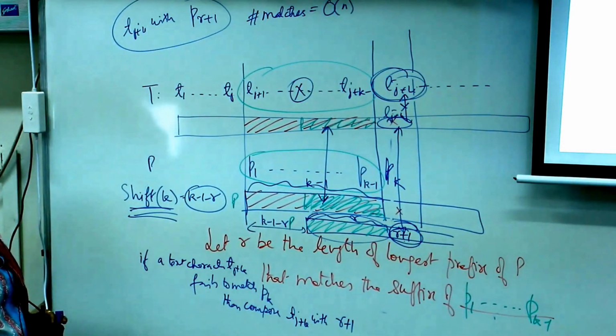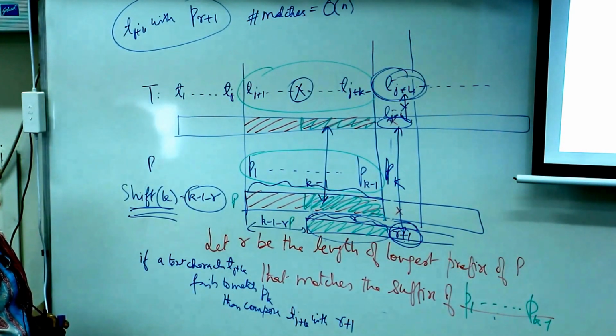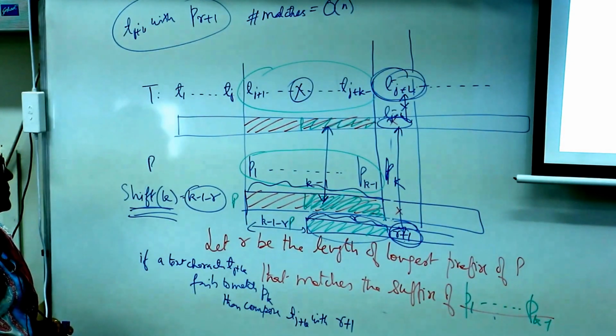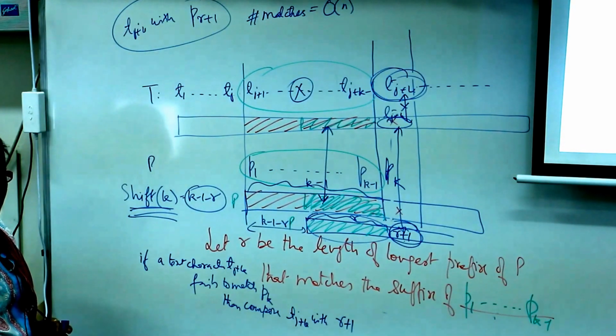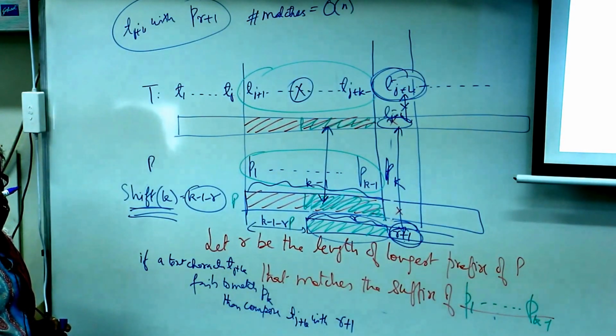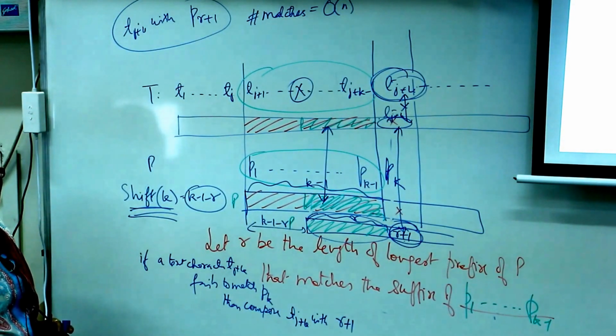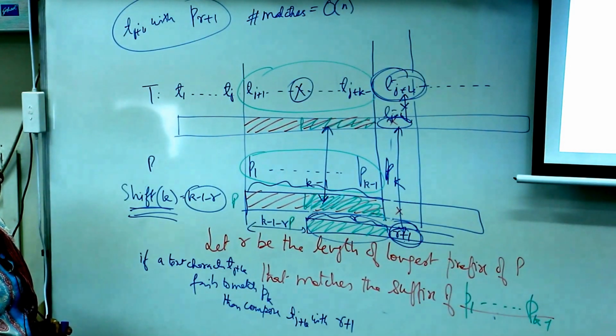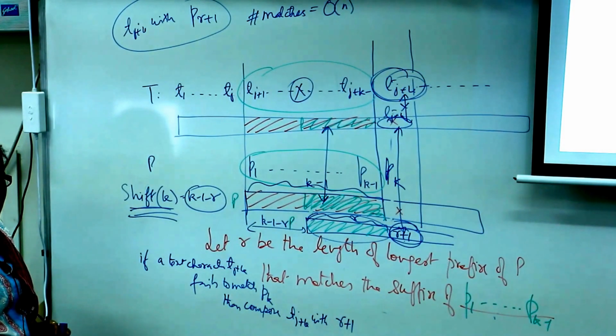A character in the text does not participate in more than one match. So the number of matches is order n. And what happens when there is a mismatch? Now a character can participate in more than one mismatch, but what else is happening?